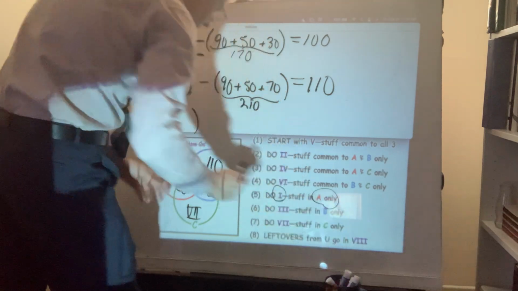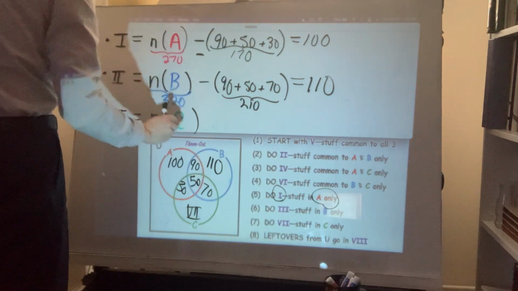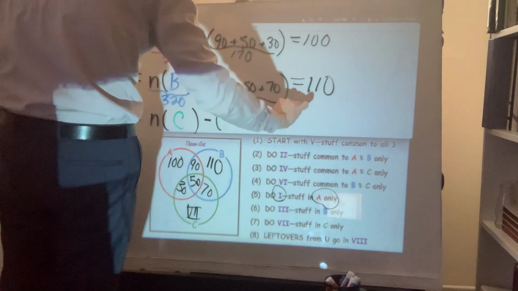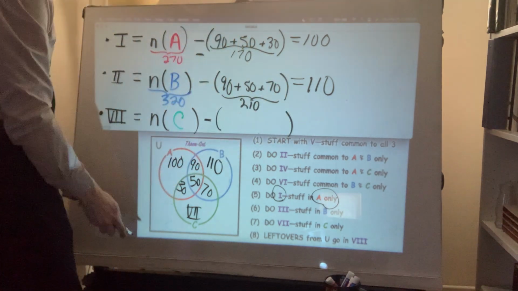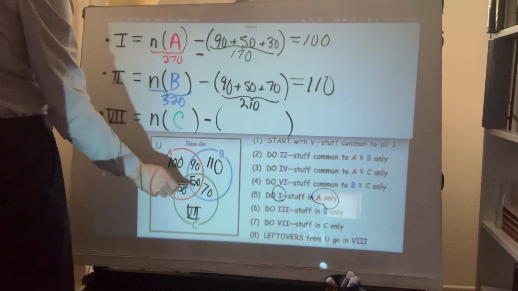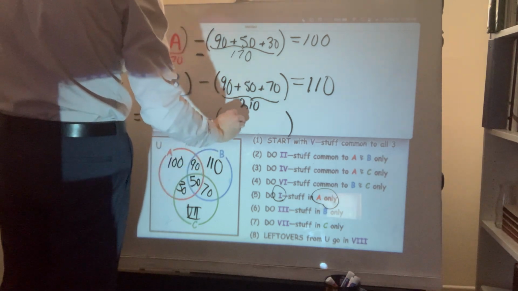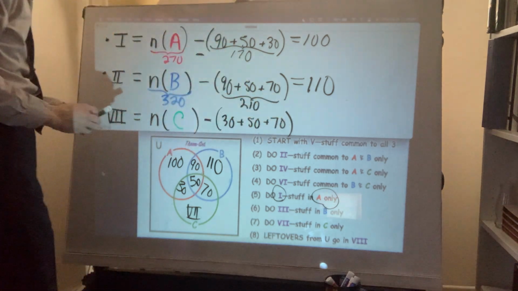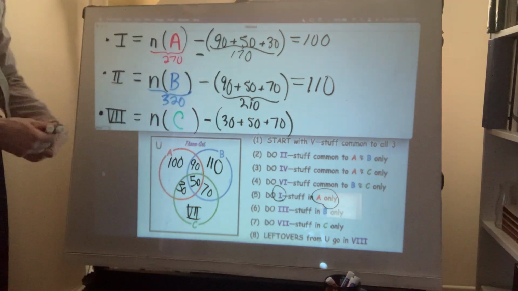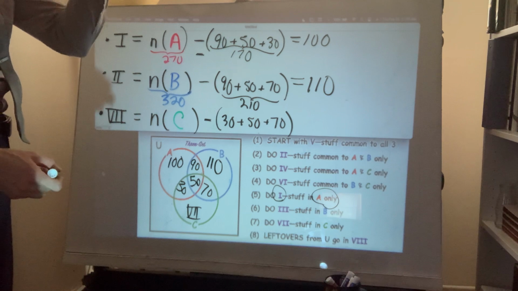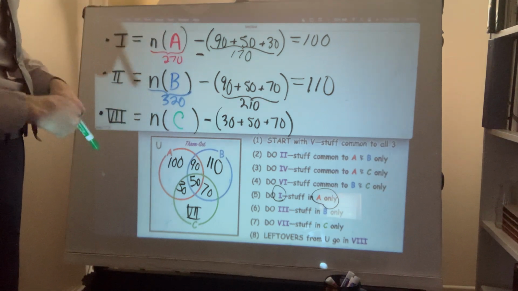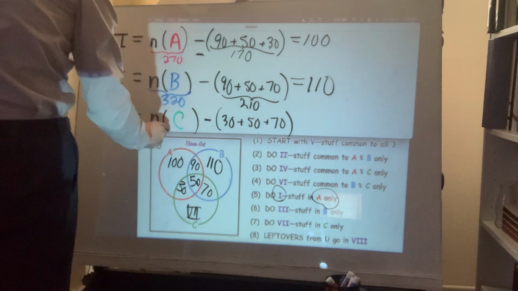The total number of country listeners minus, again, that chunk that is cross-genre, which in this case would be the overlap of 30, 50, and 70. The total number of country listeners quoted to us was originally how many people? 160, right?